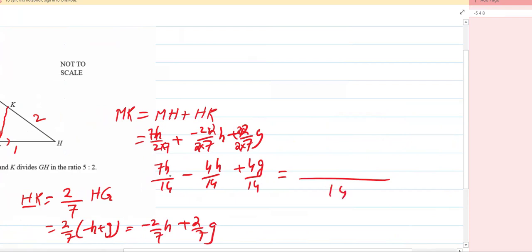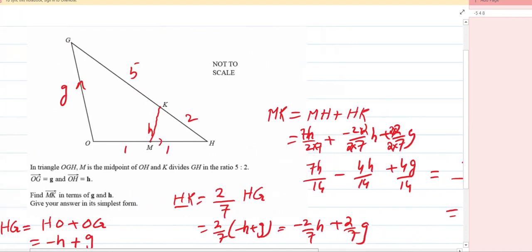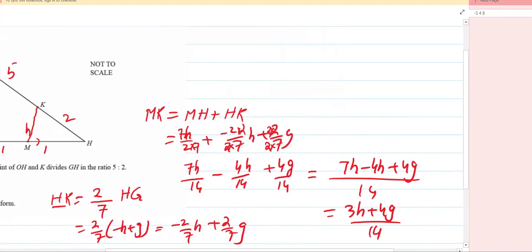Take the 14 LCM: 7H minus 4H plus 4G. 7 minus 4, it will be 3H plus 4G over 14. We got this one. Okay? I hope that is clear.